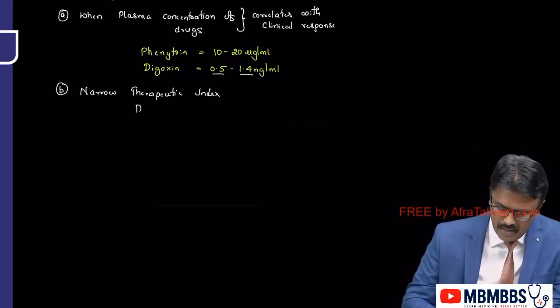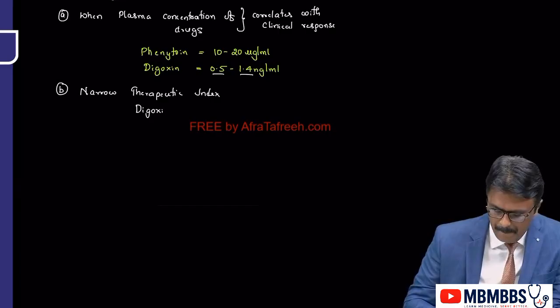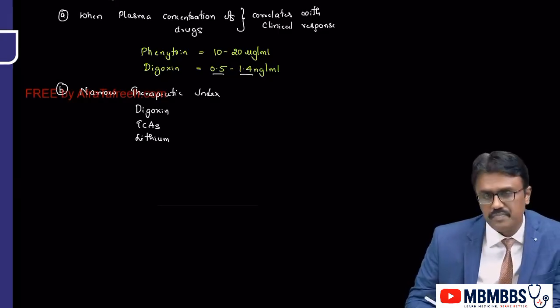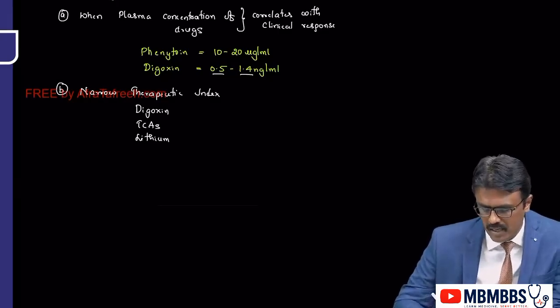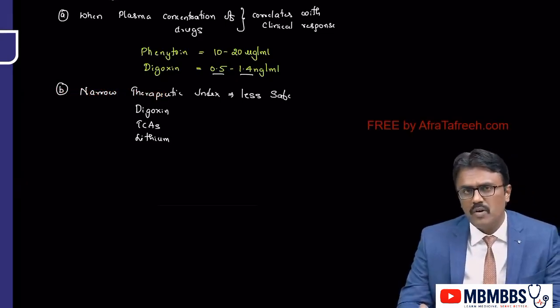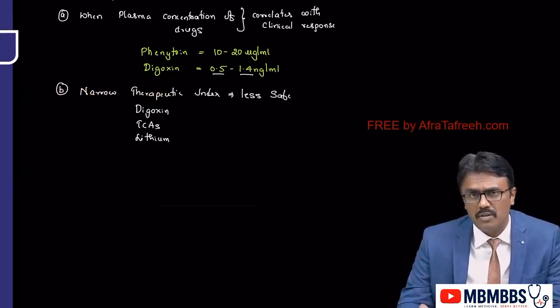So examples are digoxin, tricyclic antidepressants, lithium. They have very narrow therapeutic index. And remember, narrow therapeutic index means the drugs are less safe. So one general pharmacology question, therapeutic index is a measure of safety.